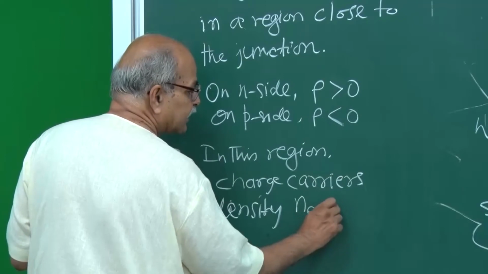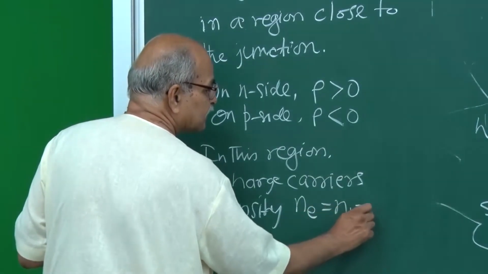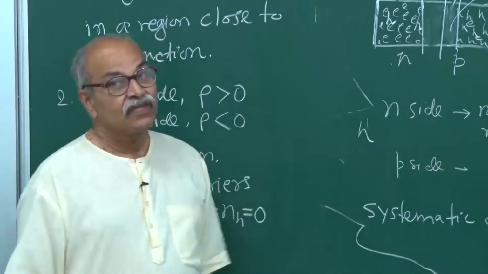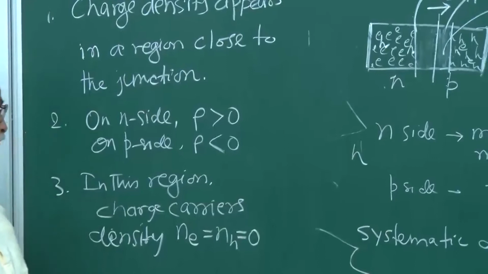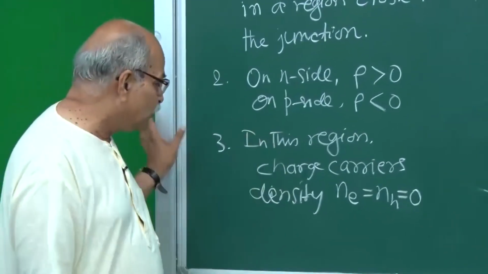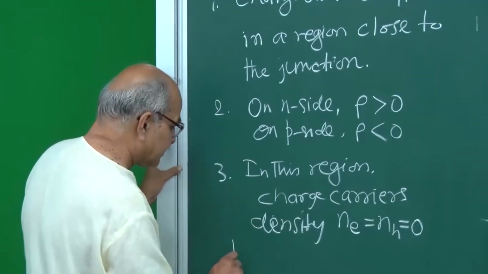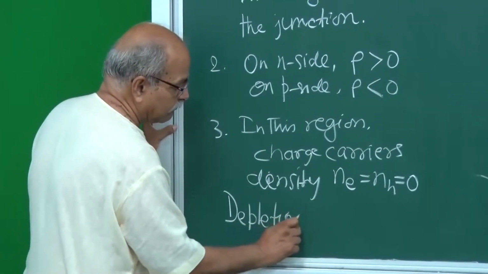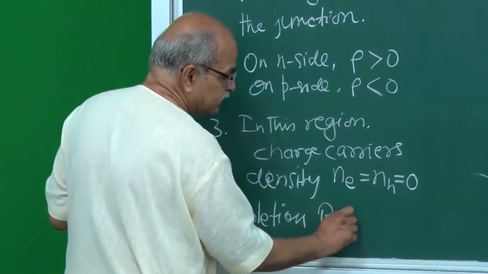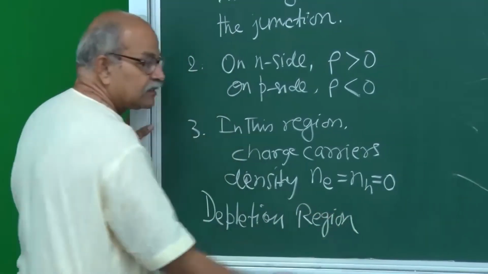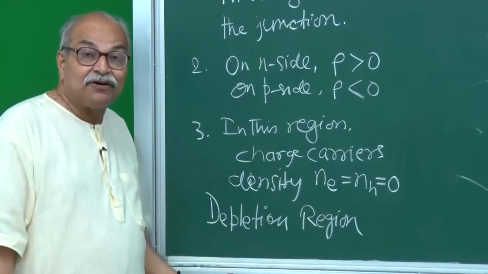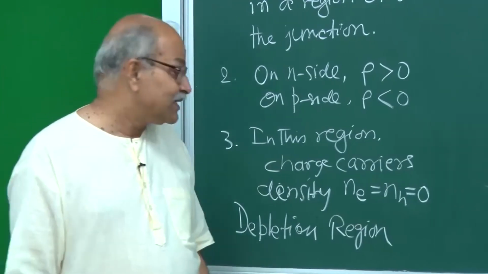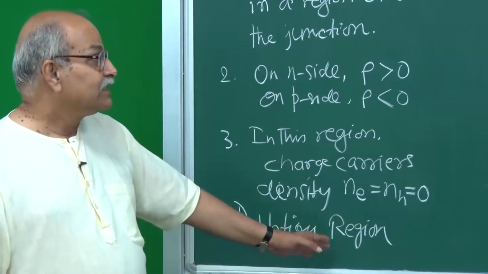Ne and Nh become 0 only in this region. Okay. So, this particular region is known as the depletion region. This is called the depletion region, the region which is depleted of charge carriers. It does not have charge carriers, that is why it is known as the depletion region.